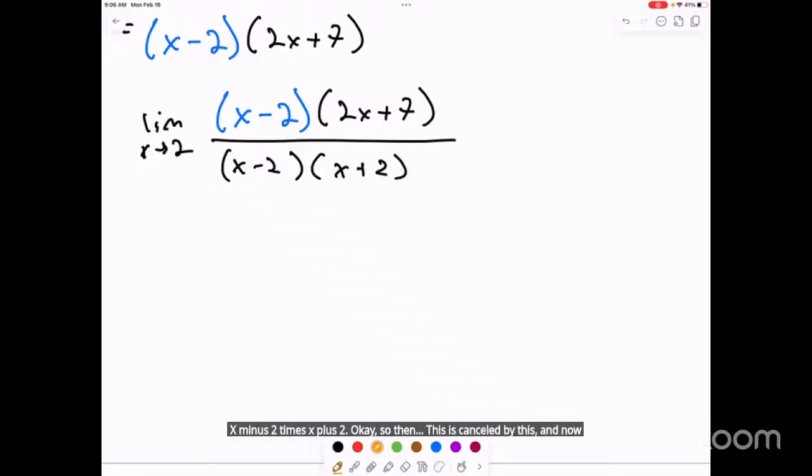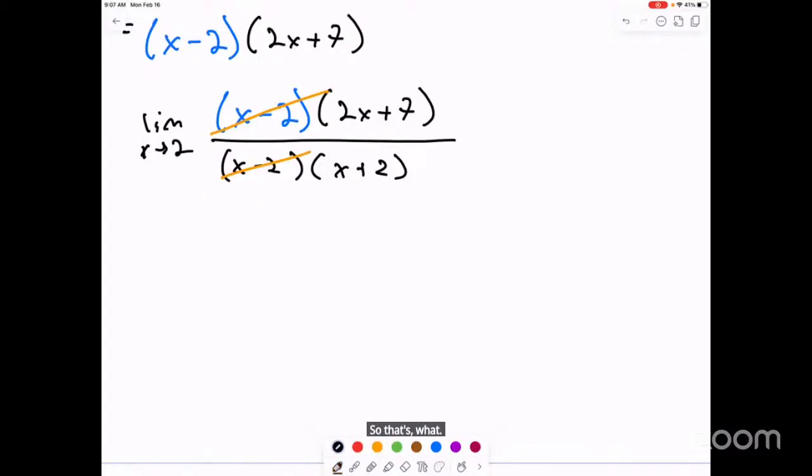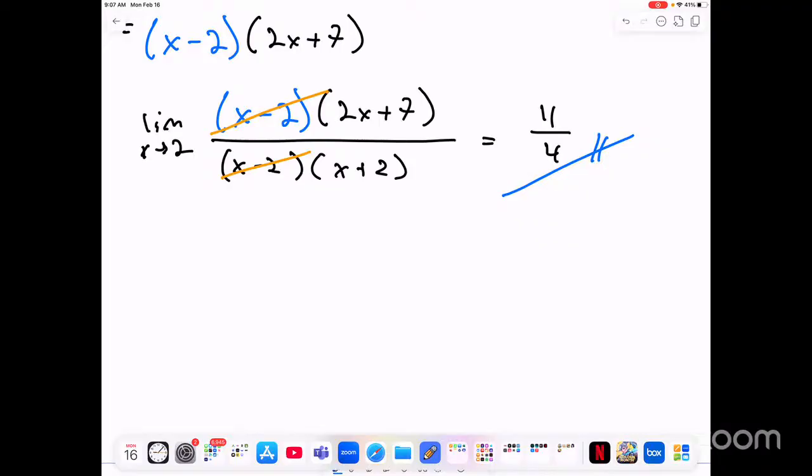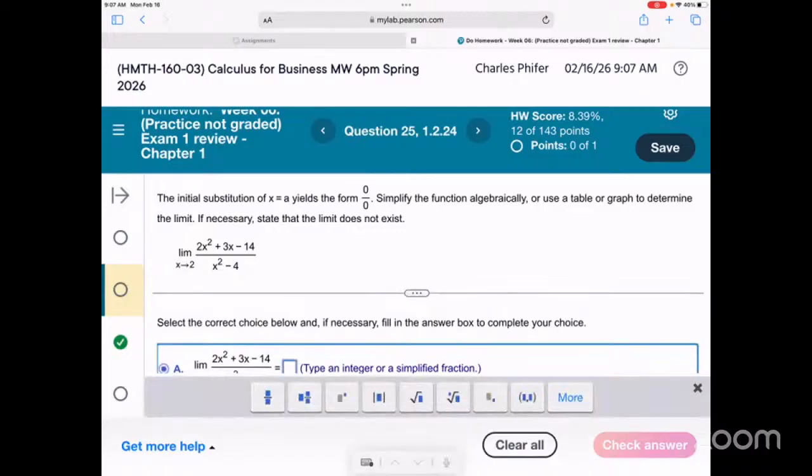And now we can just plug in x equals 2 because 2 is in the domain here. So that's 11 over 4. Okay.